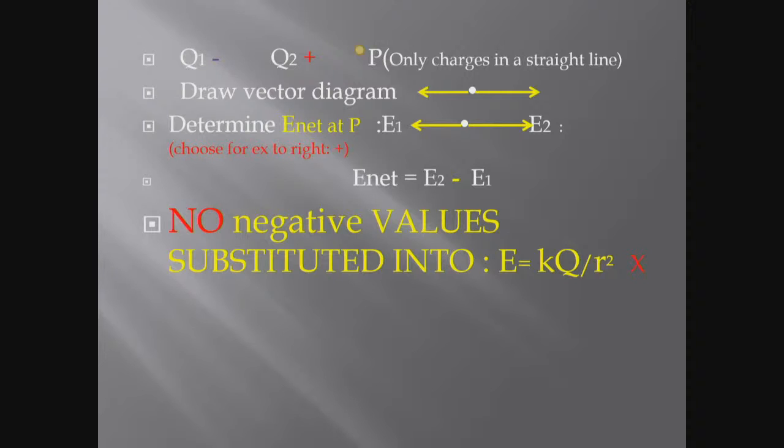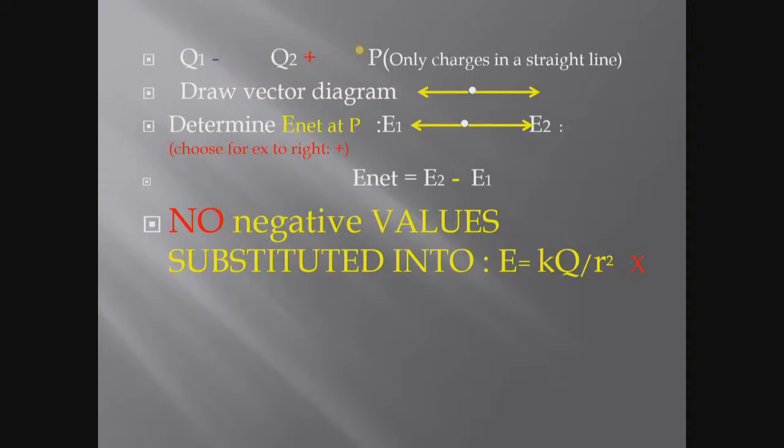Just again, very clearly stated here. Please, no negative values substituted into your formula for calculating electric field at a certain point from a charged sphere. You only substitute the positive.